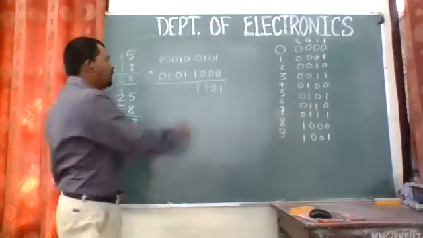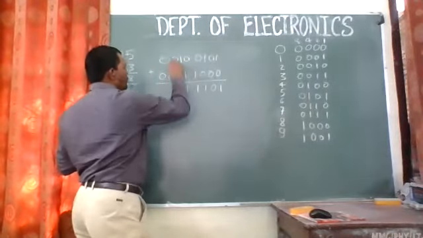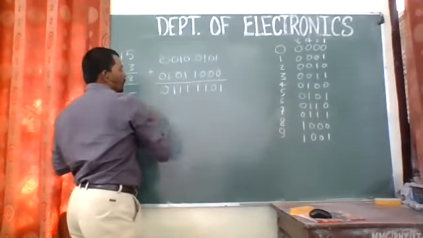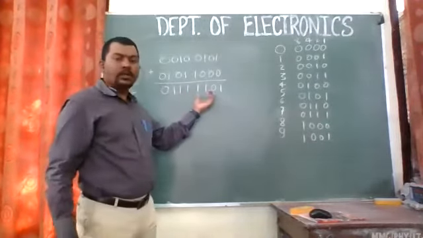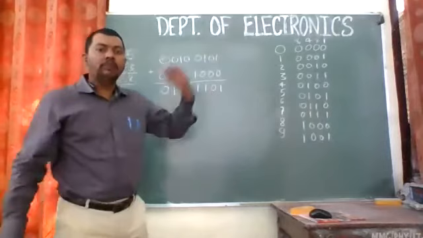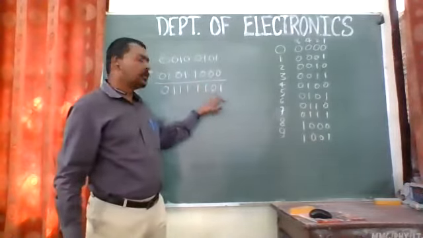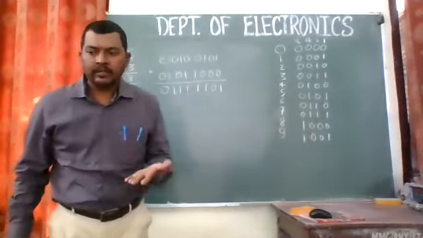So when we go to that next bit, 0 plus 1 is 1, 1 plus 0 is 1, 0 plus 1 is 1, and 0 plus 0 is 0. Whenever this number exceeds 9, so now this is, say, 8 plus 4 plus 1. This is the number 13, right? So it is exceeding 9.